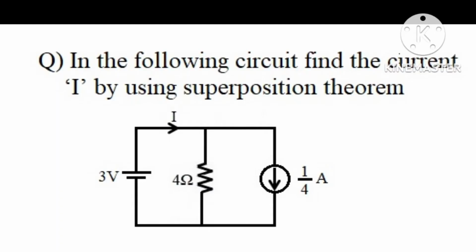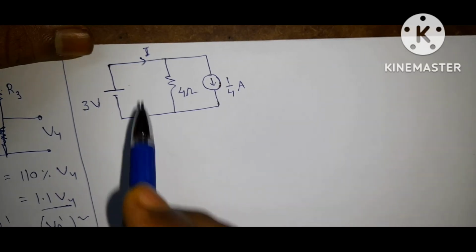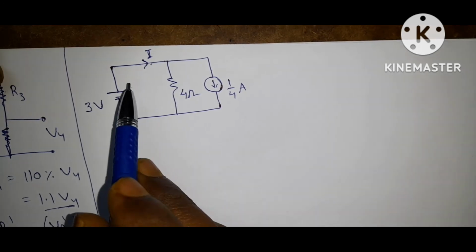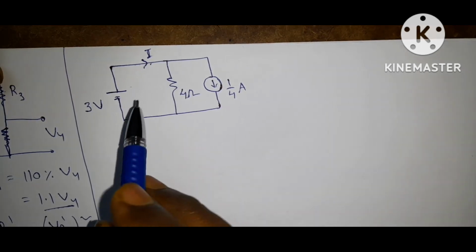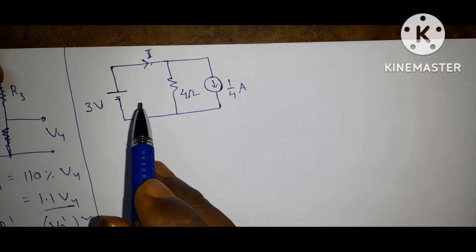Next question is, in the following circuit, find the current I by using superposition theorem. This is the given circuit. So he is asking for the current I by using the superposition theorem. We find the response of any branch by only one source acting alone, and the other remaining sources are switched off.